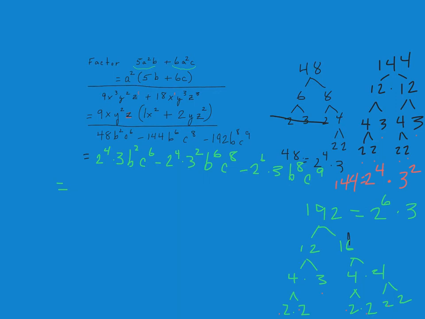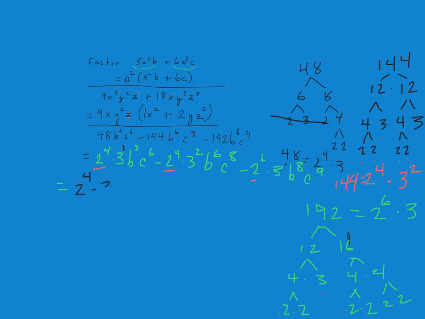So when I look at the factors of 2, I have 4 factors of 2 in the first two terms and 6 factors of 2 in the third. So what is shared in all three is 4 factors of 2. So 2 to the 4th is a common factor throughout the problem. Now the 3's, we have 1 factor of 3 in the first term, 2 factors of 3 in the second, and 1 factor of 3 in the third.